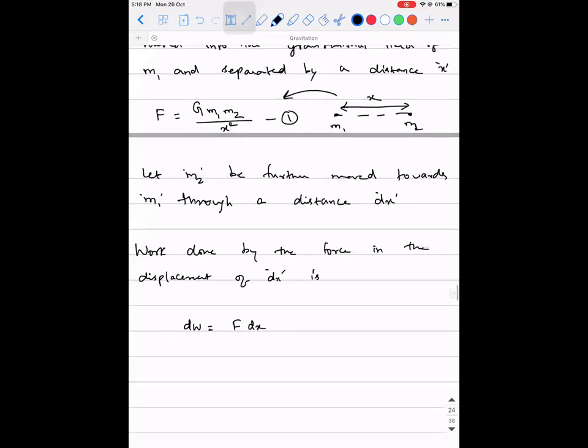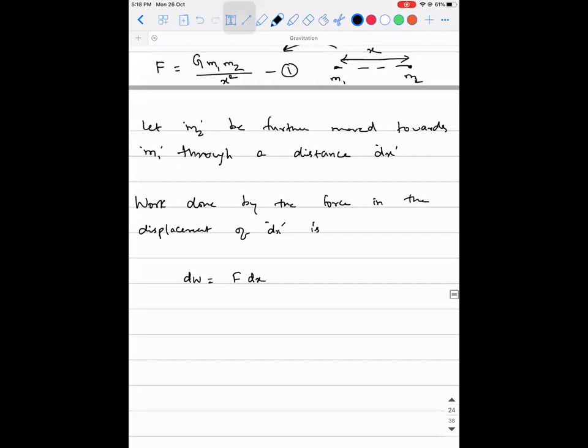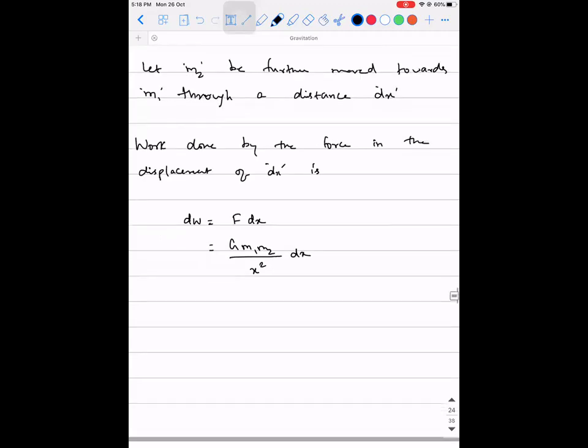You know this formula: work done is equal to force into displacement. So what is the value of force, guys? It is G m1 m2 divided by x square, into dx. Accepted? Is there any doubt till this step? So this is the small amount of work done.